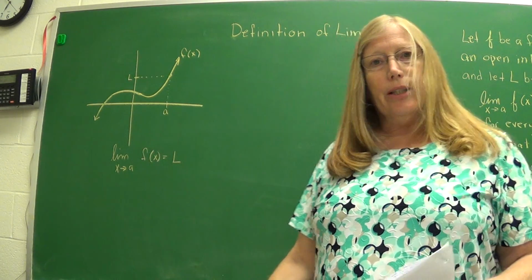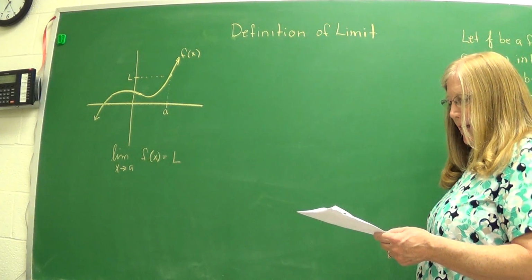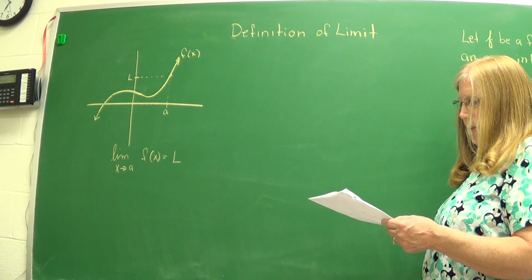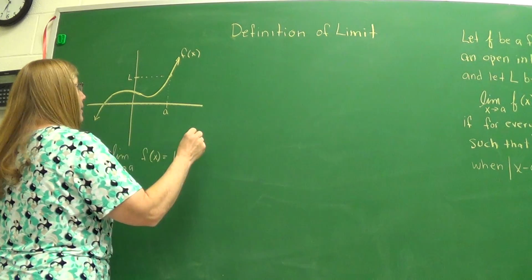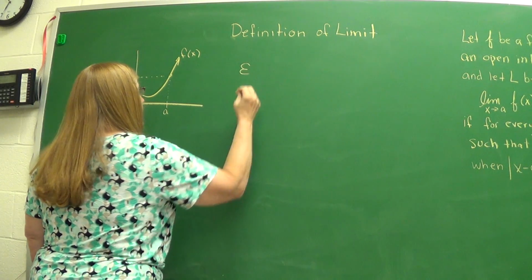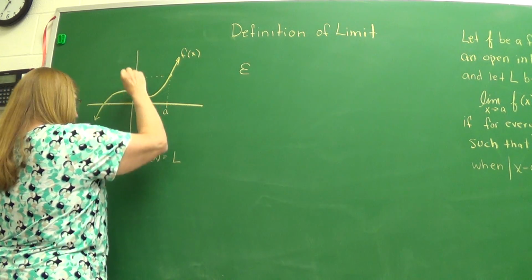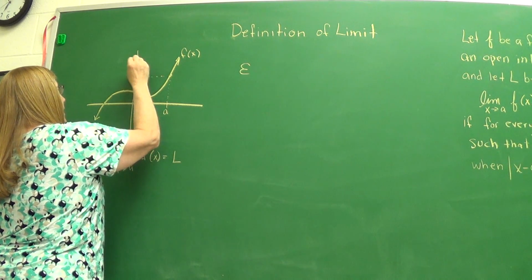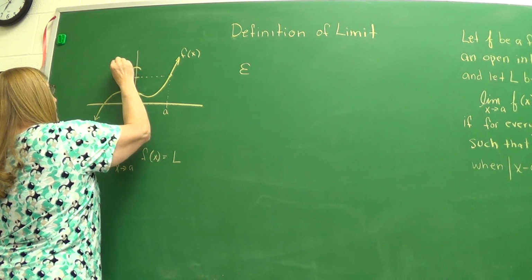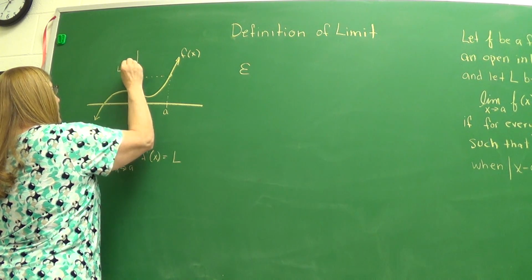But how close is close? How near is near? Well, we want to establish an epsilon. And the letter epsilon looks like this. And I'm going to go within epsilon of L. And that means I can go up epsilon, so we get L plus epsilon.